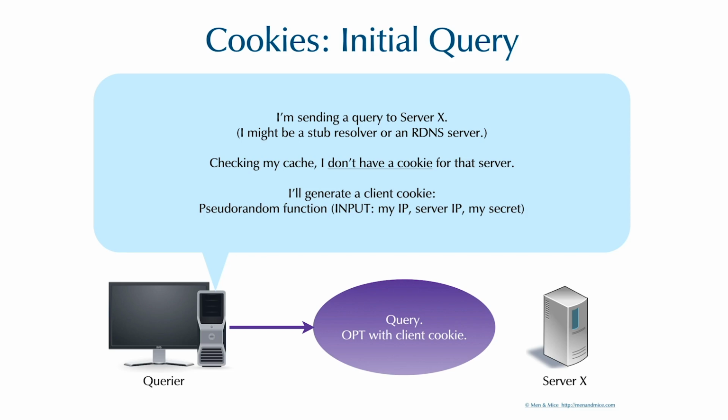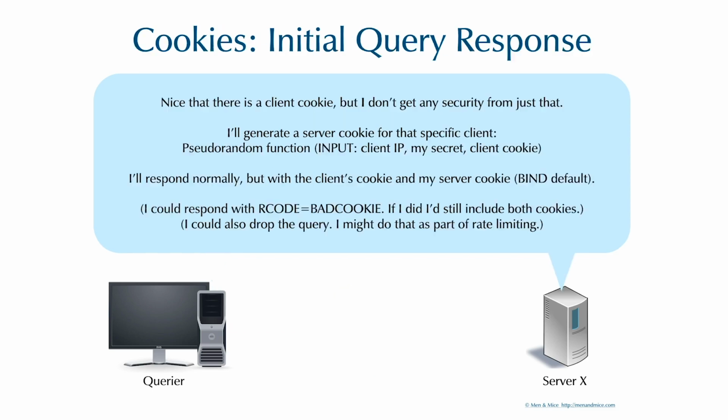What happens now? Well, the server says, that's a nice client cookie, but it doesn't do anything for my security. So what does the server do? He says, I'm going to generate a server cookie for that specific client. That's also a pseudo-random function, and the input is the client's IP address, the server's own random secret, and the client cookie.